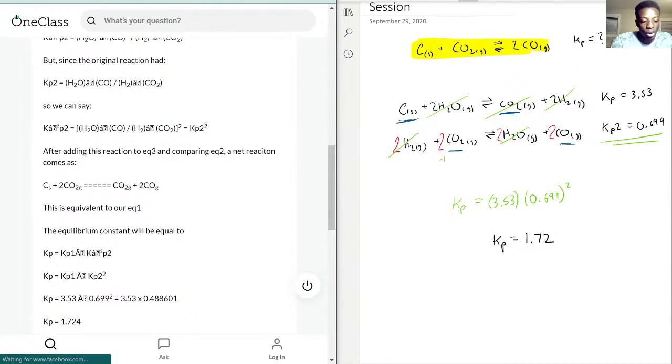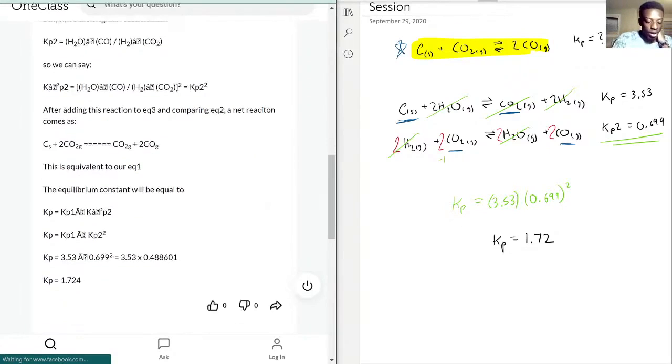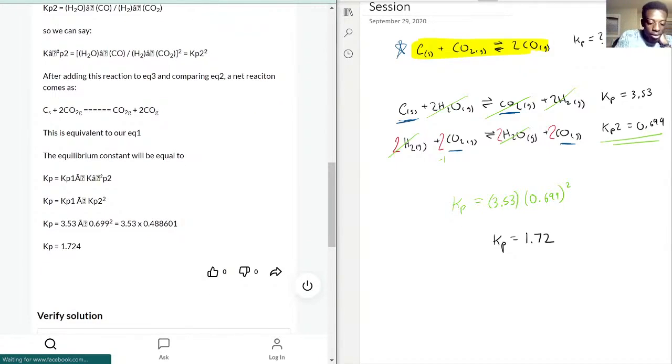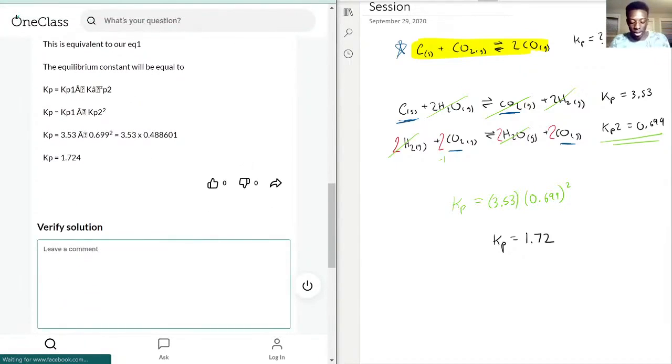But what it did overall, because of the little signs here and there, it's hard to read. But what it did overall, I can see is that they ended up with the same balanced equation of this, which is what we wanted. And they did say exactly, so Kp 3.53 times 0.699 squared, and that's how they got the 1.72. So this is indeed correct.